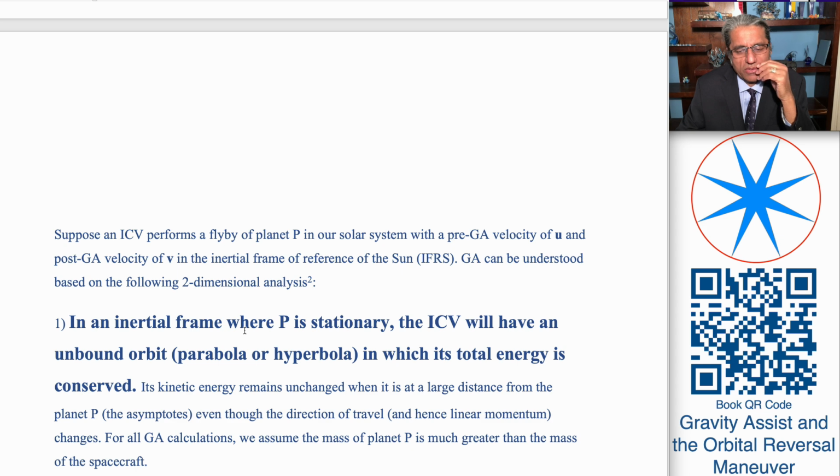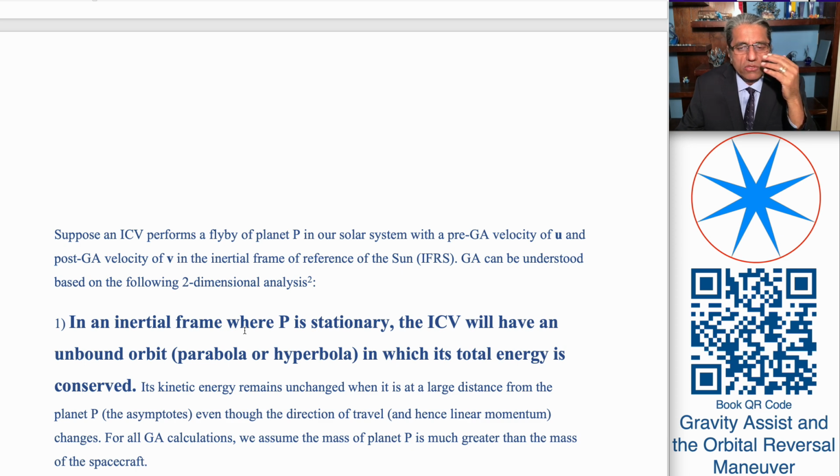I also did a couple of courses in mechanics and calculus while I was studying engineering. So anyway, I had to figure it out myself. I did not really get any good source. I'm sure there are lots of sources. I could have bought a textbook and gone through like 100 pages, but I didn't want to do that. I wanted to get to the point. So I figured out gravity assist, and I also put it in my book.